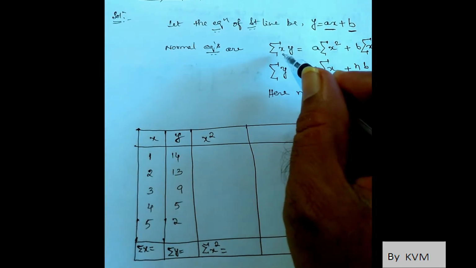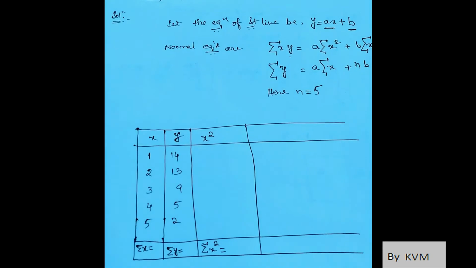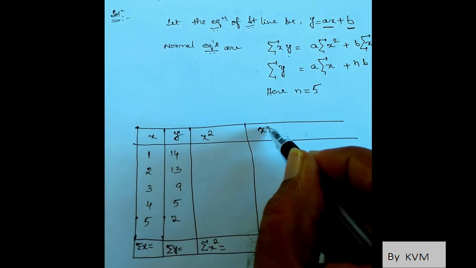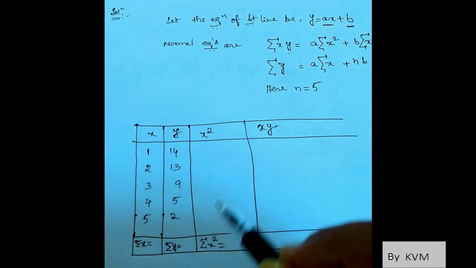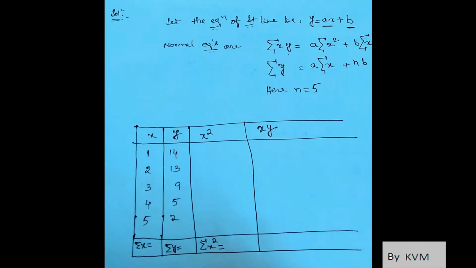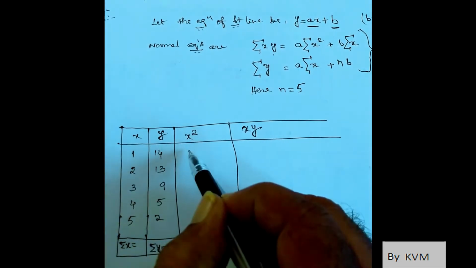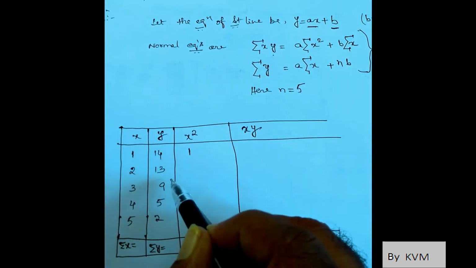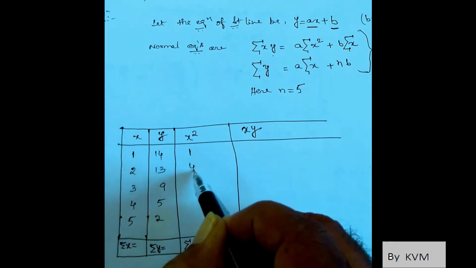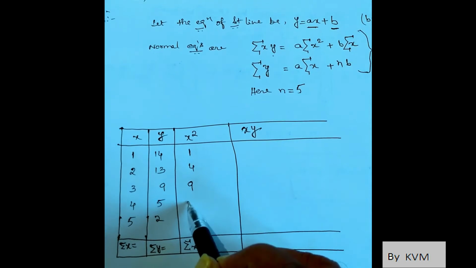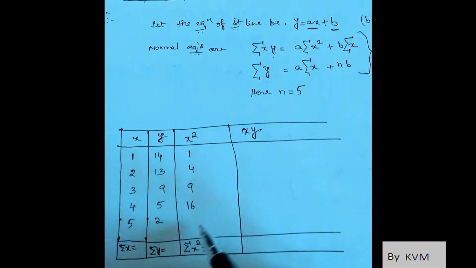Then from the first normal equation, we have to find sigma xy. And now x square is, when x is 1, x square is 1. When x is 2, x square is 4. When x is 3, x square is 9. When x is 4, x square is 16. When x is 5, x square is 25.